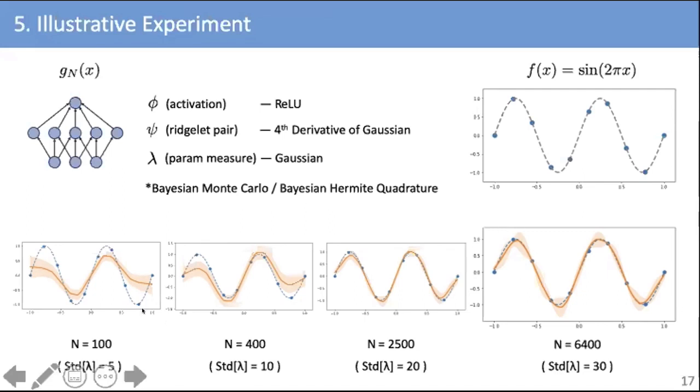And we can also see that the output of the neural network gets better and better as the number of hidden units n goes larger and larger.